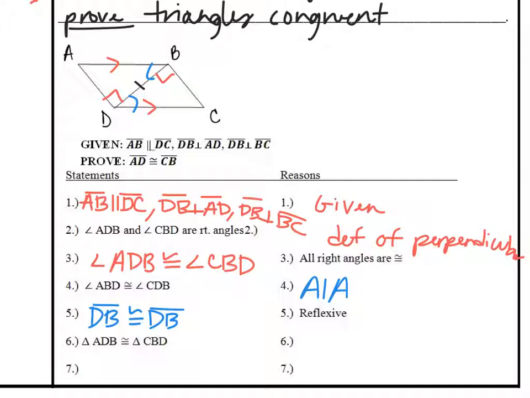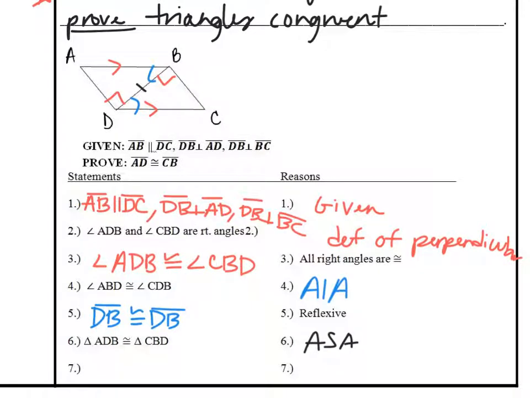The only congruent side we have is DB. So we can say the triangles are congruent. Olivia, which theorem is that going to be? Which theorem am I going to use to prove the triangles are congruent? You have the two angles and the side in between.